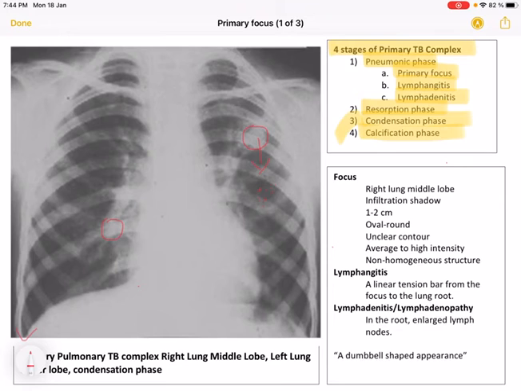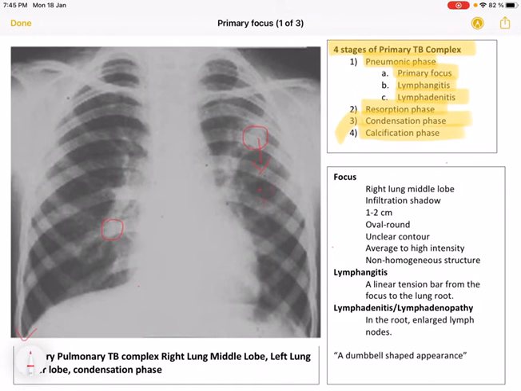So calcification starts in this stage, and the mass or the primary focus becomes compact because of the drug or the body immunity. The mycobacteria are dying or converting into a dormant stage, and the necrotic tissue is now converting into a calcified mass. The disease is now going to cure.